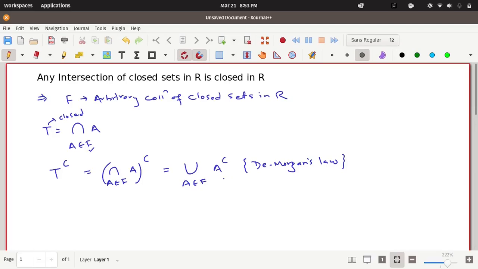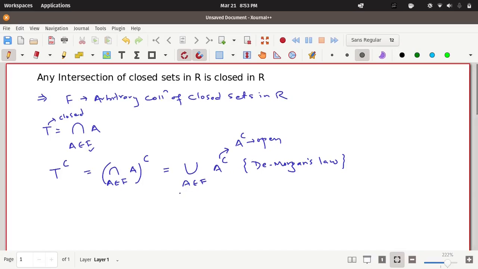Now this is converted into the arbitrary union of A complement, and since each A is a closed set, each A complement is an open set.